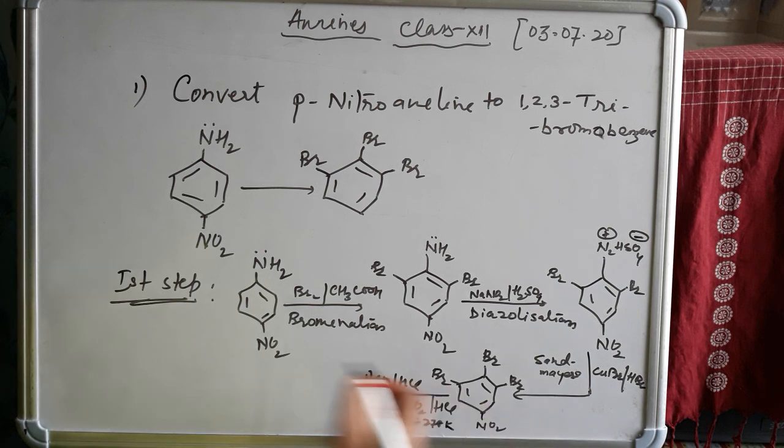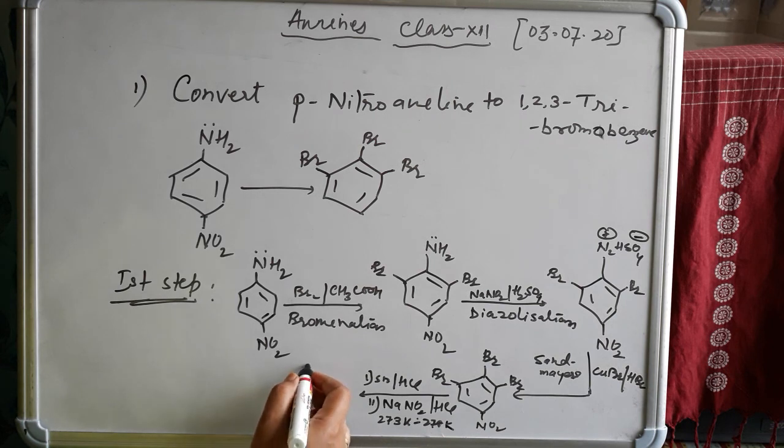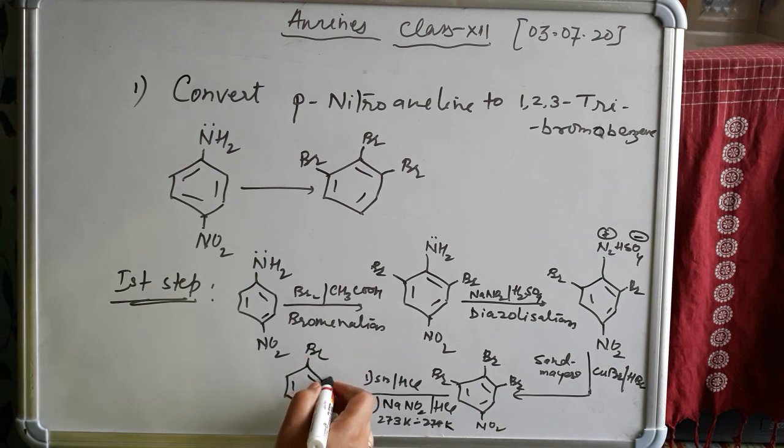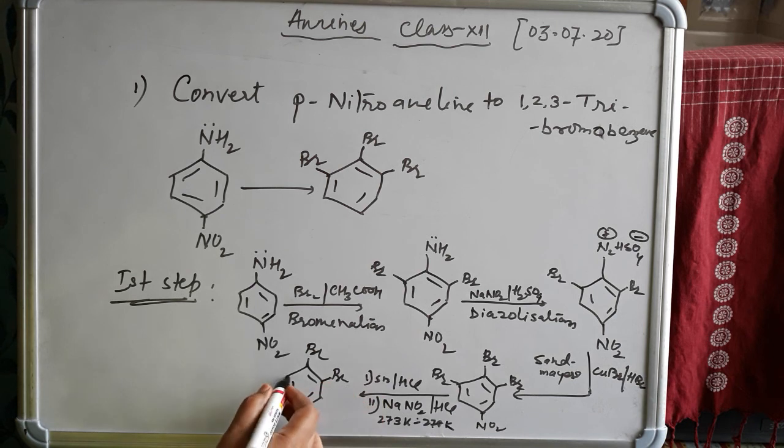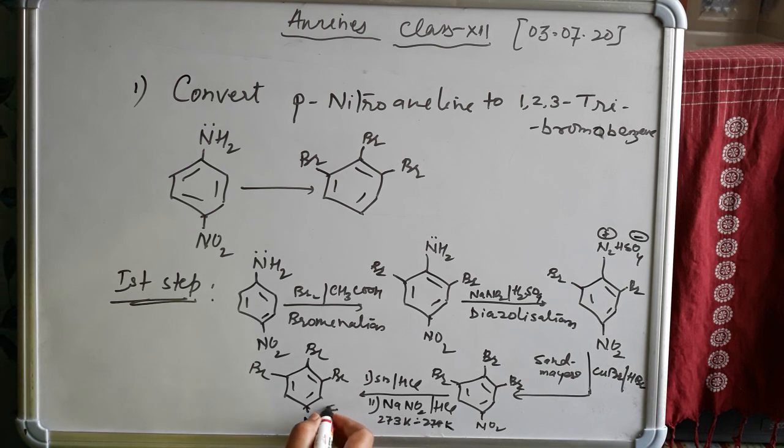So here formation of diazonium salt takes place. Draw the structure: here bromine, here also bromine, here also bromine, and here N2Cl, negative charge on Cl and positive charge on N2.